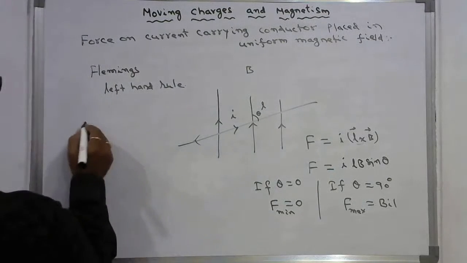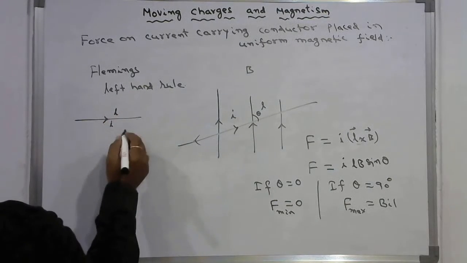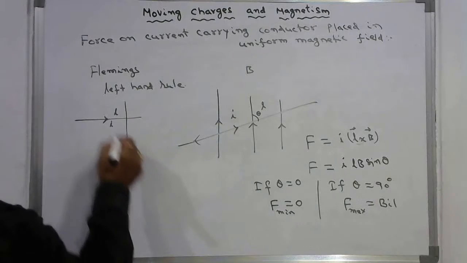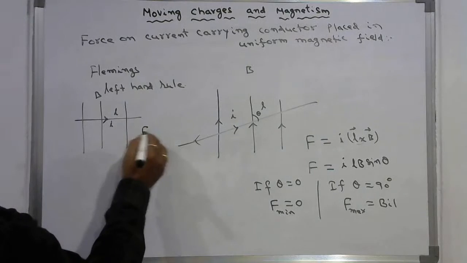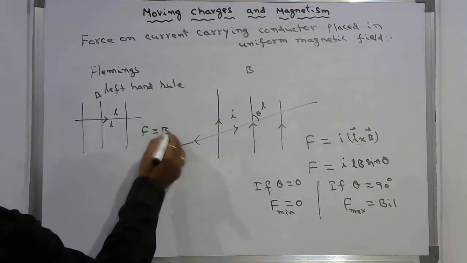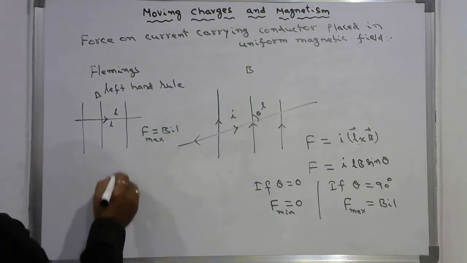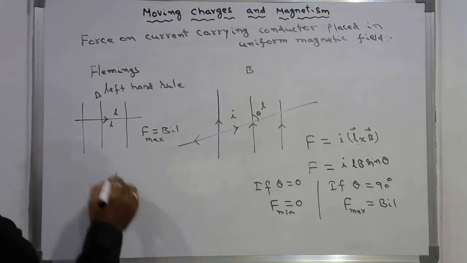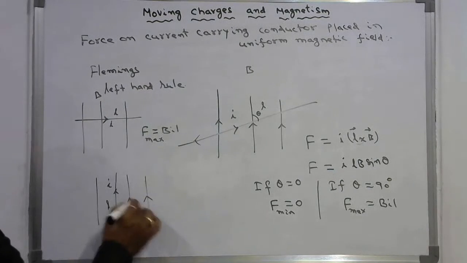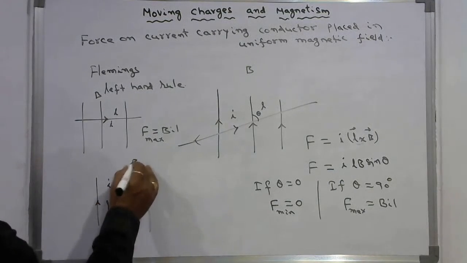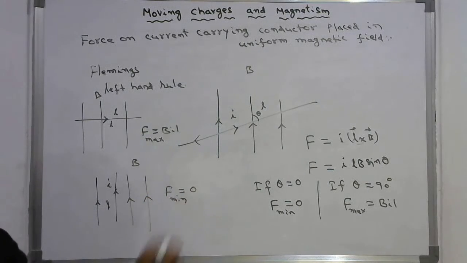That means if the length of the current carrying wire is normal to the direction of the field, then force is maximum, equal to B I L. And if the direction of the current and length of the wire is parallel to the direction of the magnetic field, then force on the conductor is 0, that is minimum.